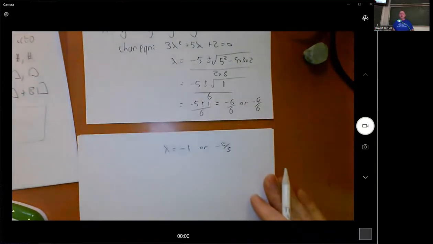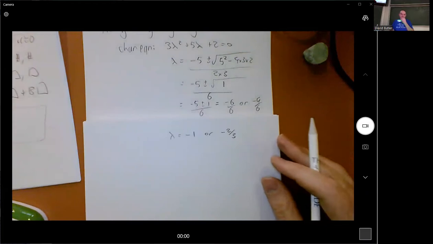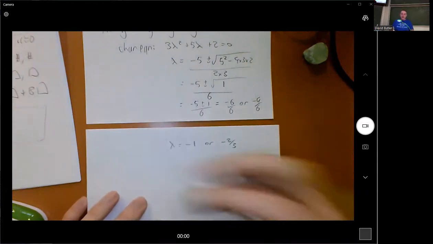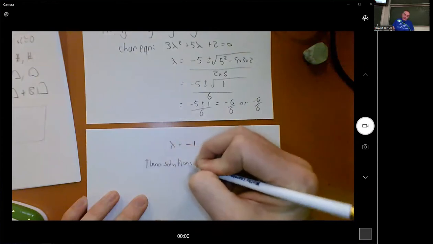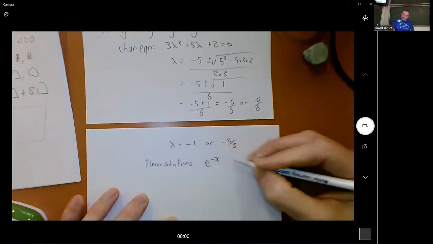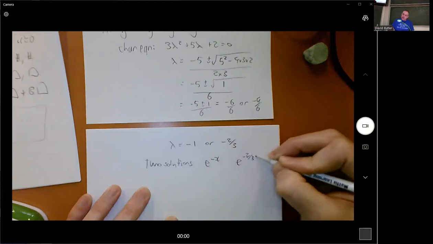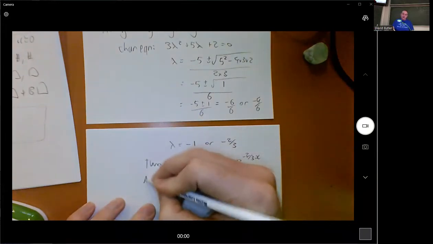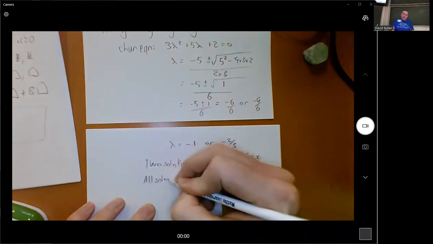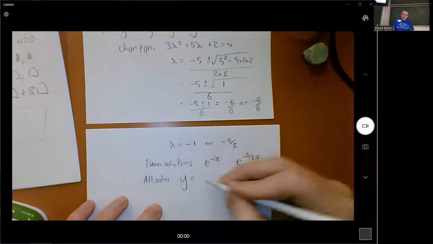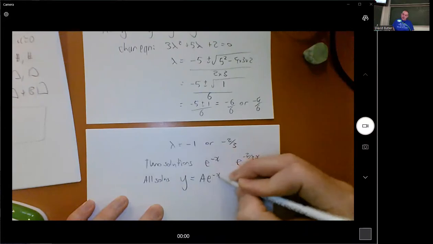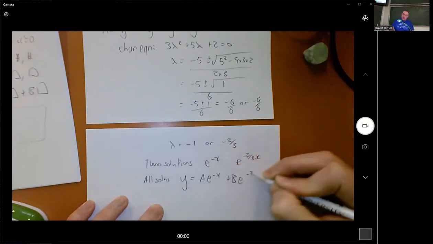Okay, cool. So I got two solutions, e to the minus x and e to the minus 2/3 of x, and therefore the general solution, y is a e to the minus x plus b e to the minus 2/3 of x.